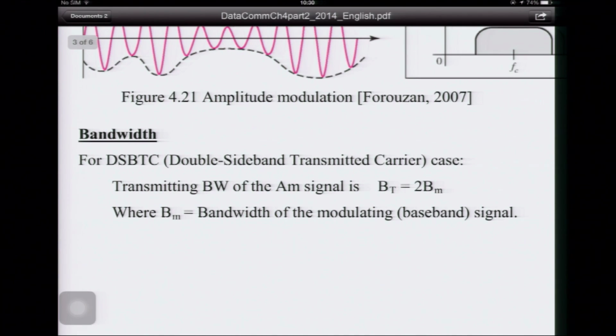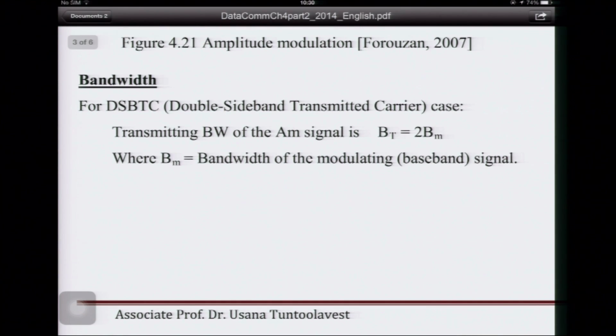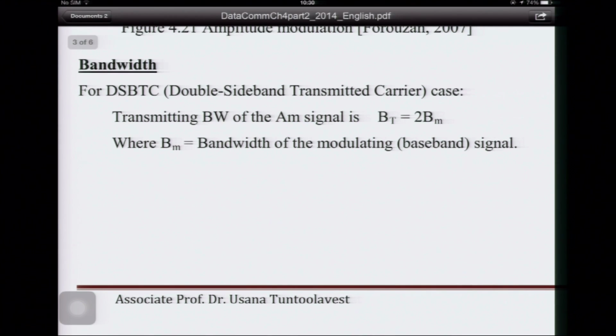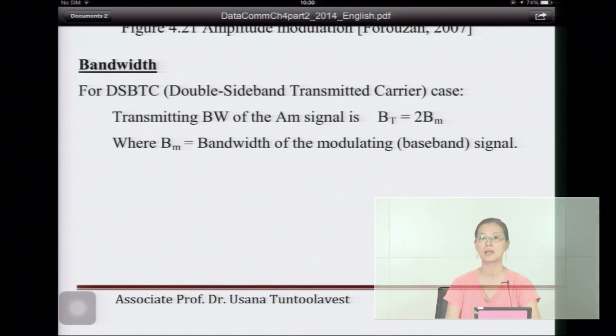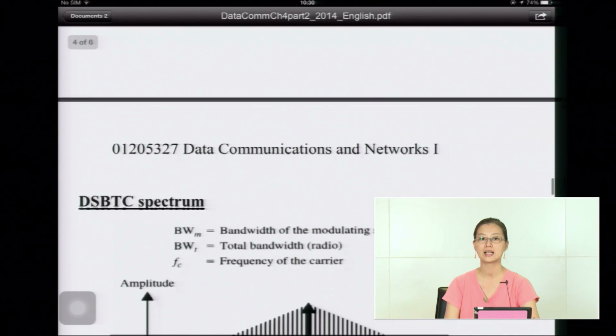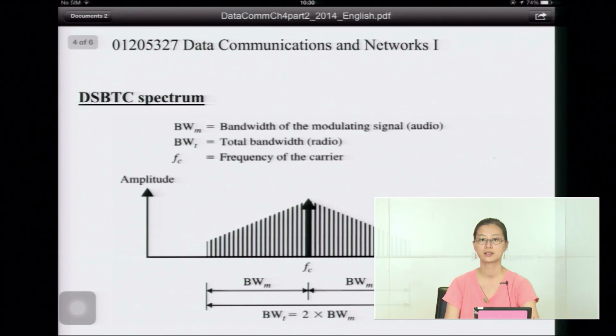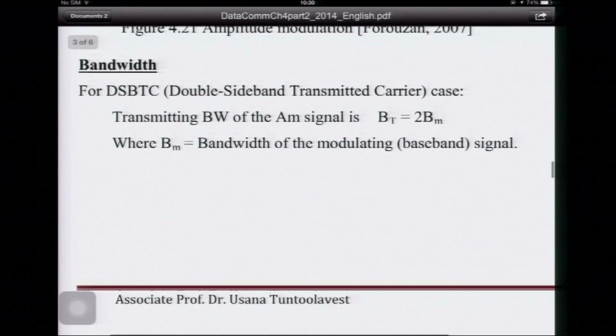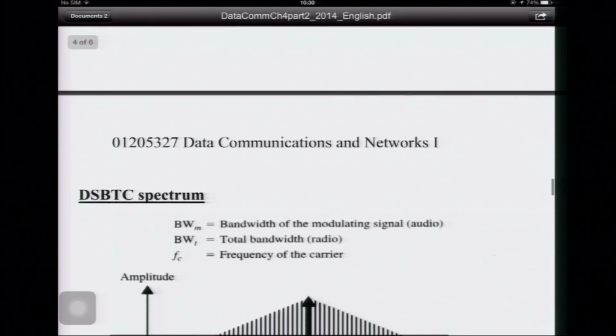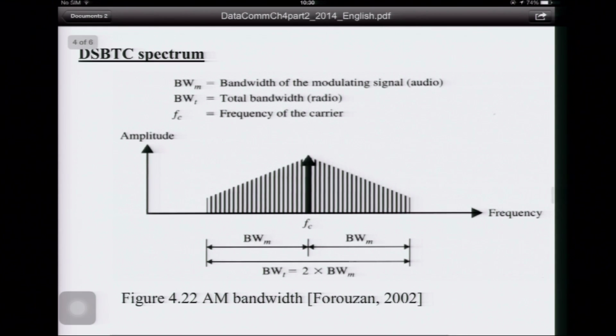For double sideband transmitted carrier, this is the case. The transmission bandwidth is 2B, where B sub M is the bandwidth of the baseband signal. Sometimes we call this DSB-TC, double sideband transmitted carrier spectrum.